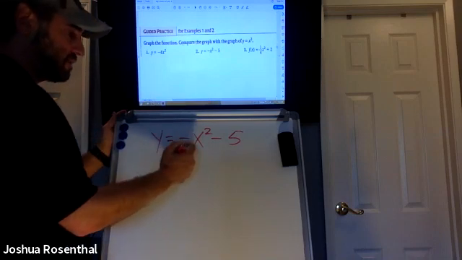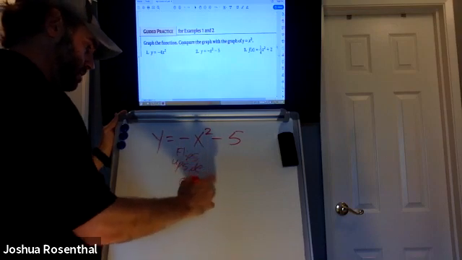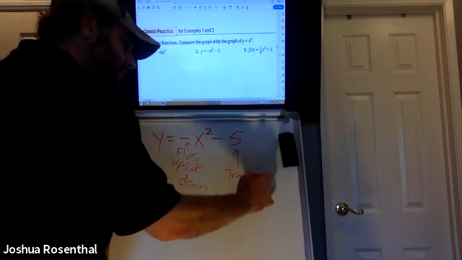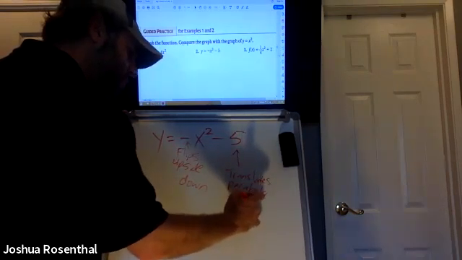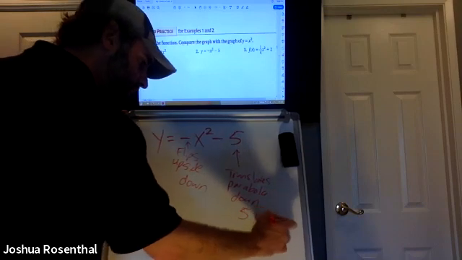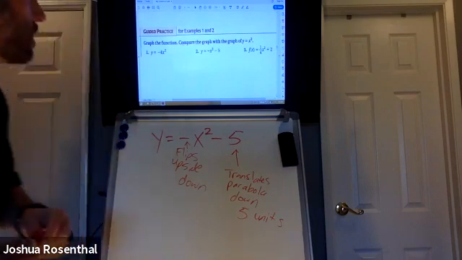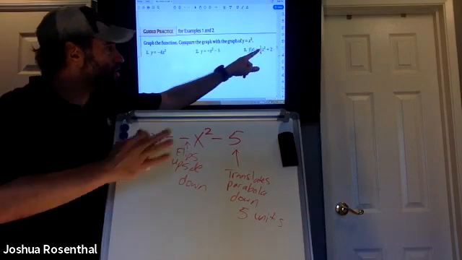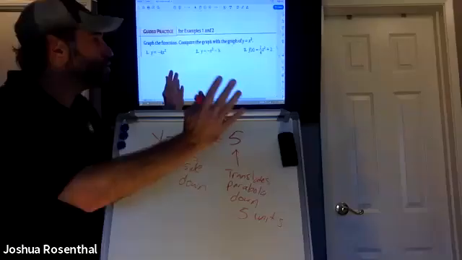This flips upside down and translates the parabola down 5 units. Okay, good. And then this last one, a fourth x squared is going to flatten the slope of increase. And plus 2 is going to shift it up. It's going to translate, the vertex goes up.